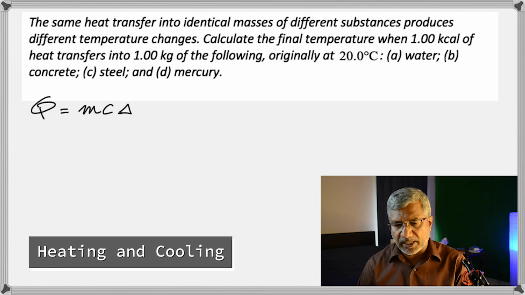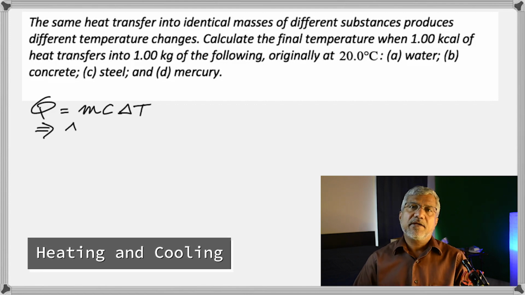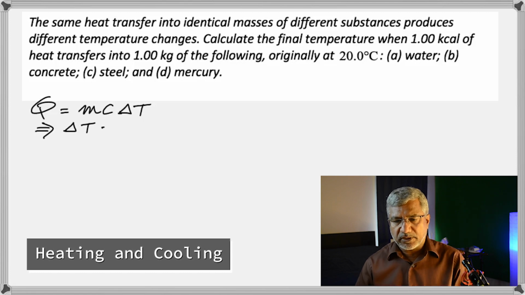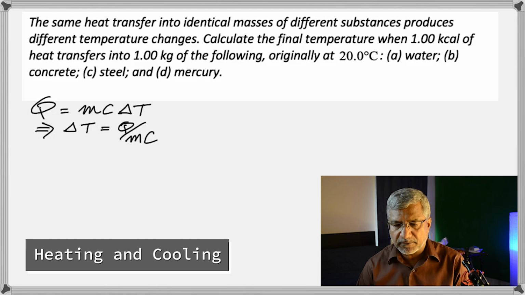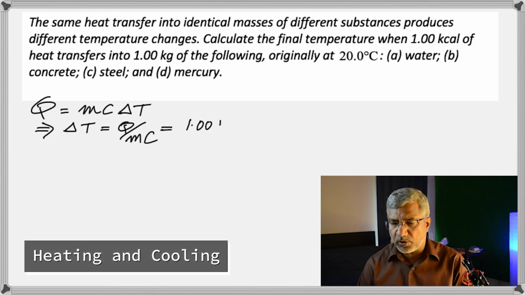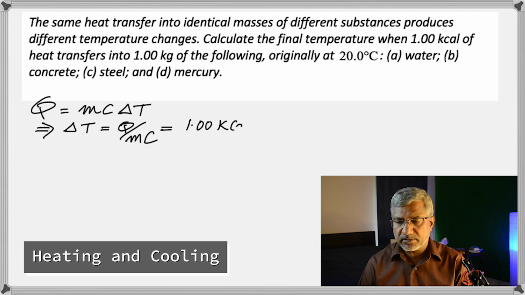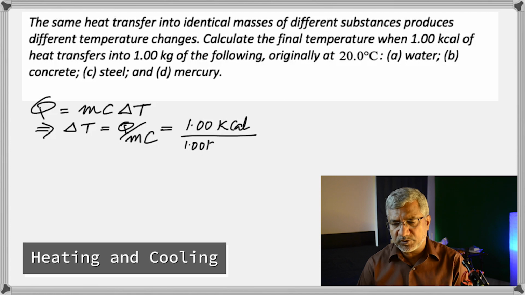Q is equal to mc delta T. That's the formula we're going to use. We have to find the change in temperature, so let's make that the subject, and you get Q by mc. Q is 1 kilocalorie, divided by the mass of water, which is 1 kilogram.